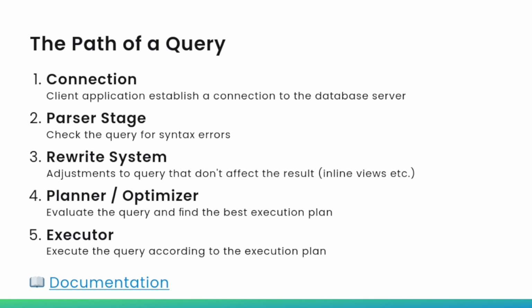The next step, after we have the query represented in a data structure that the database can understand, it goes over to the rewrite system. The rewrite system can make adjustments to the query that don't actually affect the logic of the query. One common example that is carried out by the rewrite system is if you referenced a view in your query, the rewrite stage would take the view definition and inline it into the query, okay?